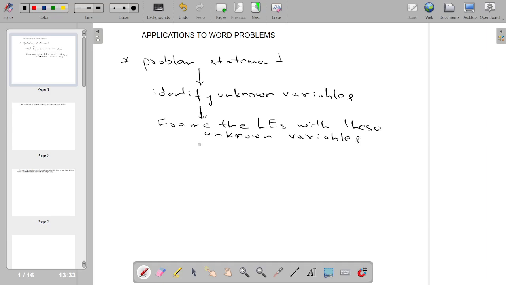And once you frame the equations, solve the equations.